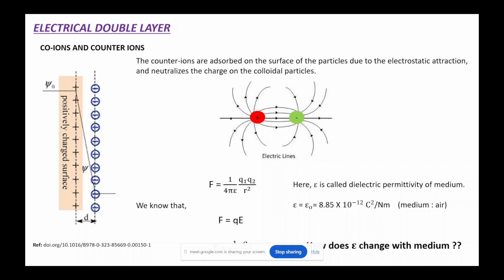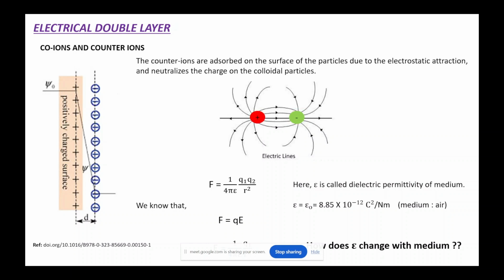When I just say the word energy storage, what comes to your mind? Usually the very first thing that comes to mind is the battery. Batteries are one of the good examples of energy storage devices.